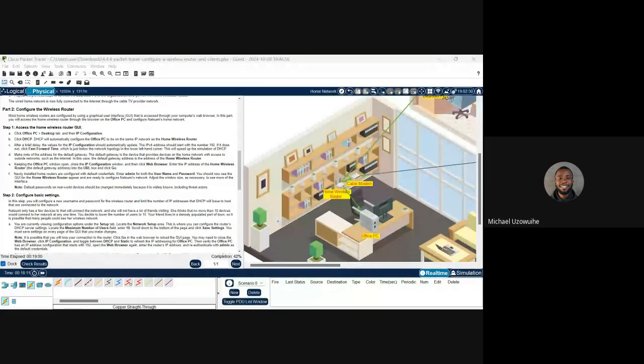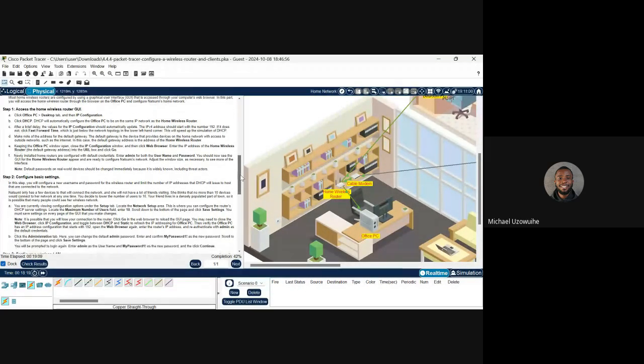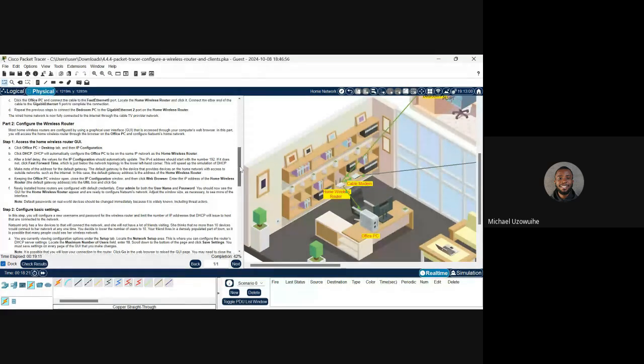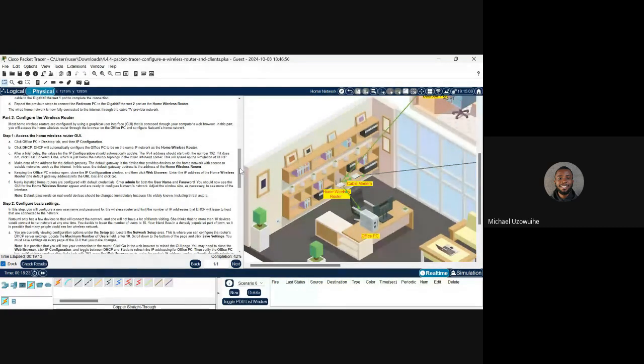All right. Let's move forward. We want to now do that configuration I was talking about. Since we have connected these wires together, they are the things that help us to do this configuration. They say we should click on the Office PC. Are you guys seeing this Office PC?